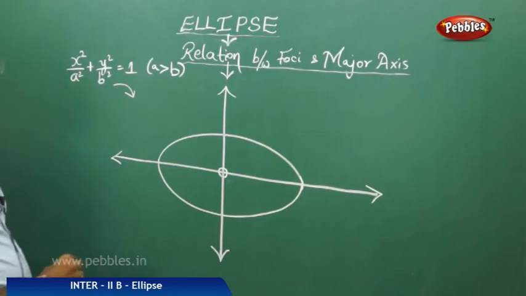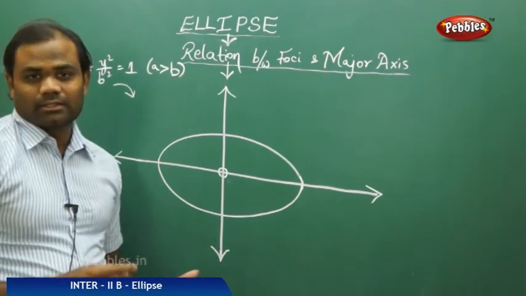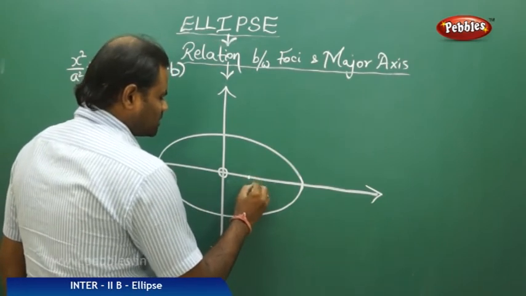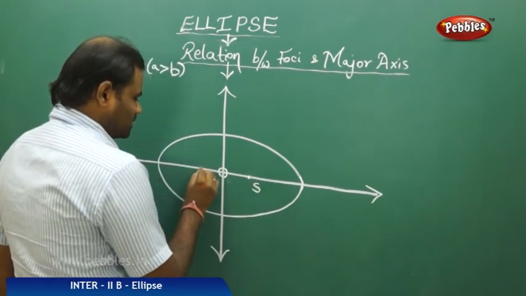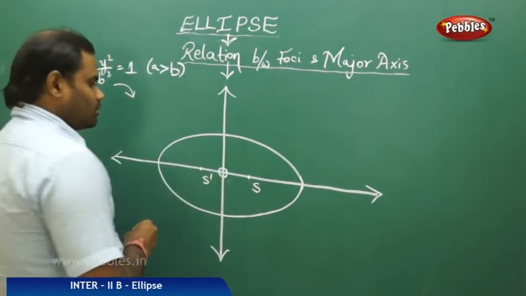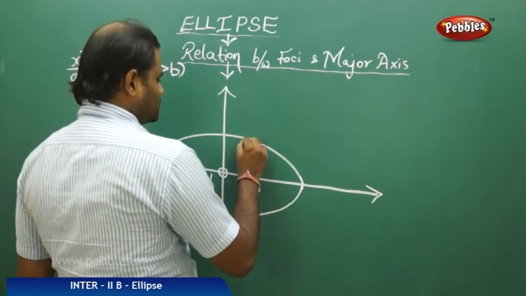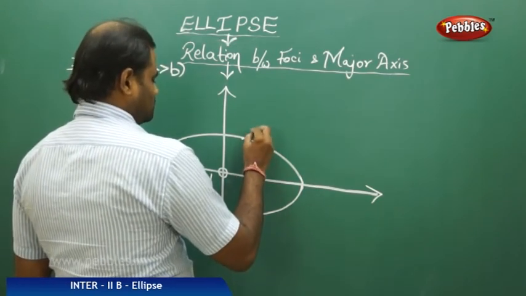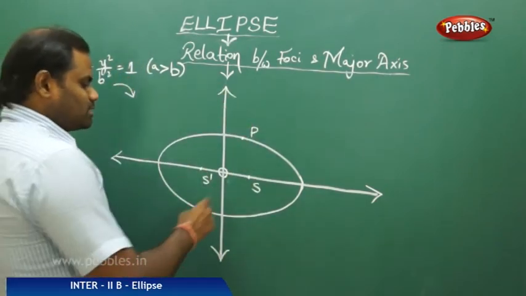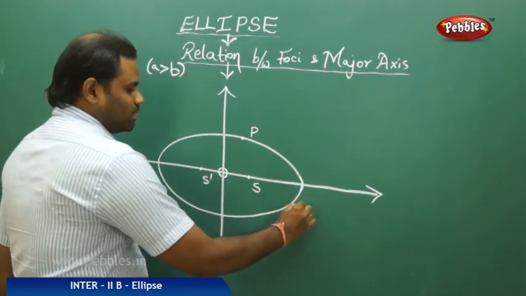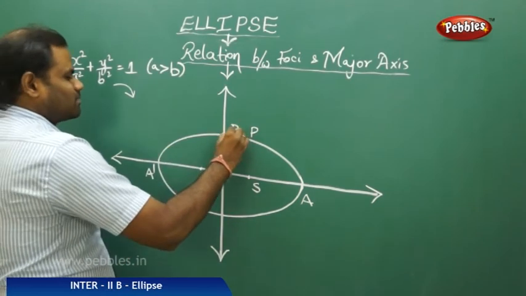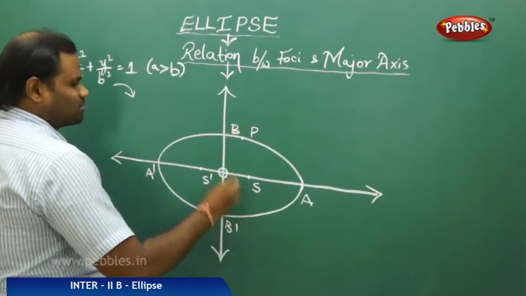Now here, let's see the relation between the foci and the major axis. So for example, I have the focus S and the other focus S dash, and P be any point on the ellipse, say P. Now if S and S dash are foci and P is any point on the ellipse, then we know that this is the major axis and this is the minor axis.